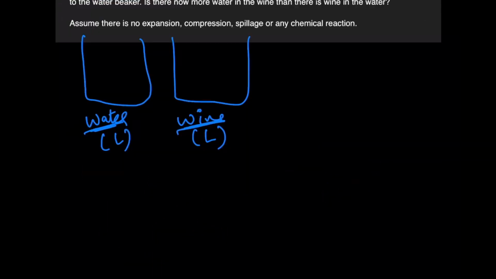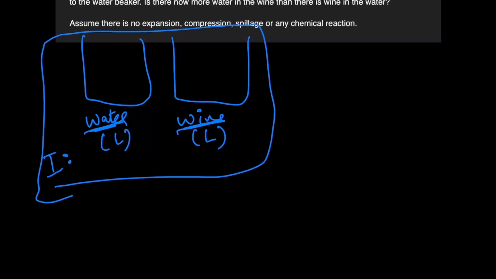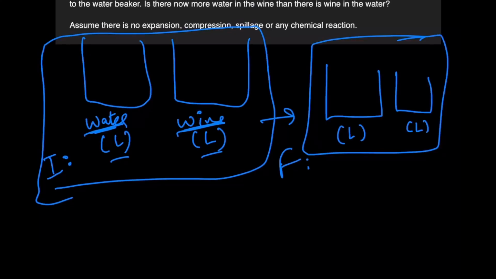So coming to the solution, there are two main points over here. We know that during the initial state, there were equal volumes in both the containers, say L and L. Now in the final state, we again have L and L volumes.